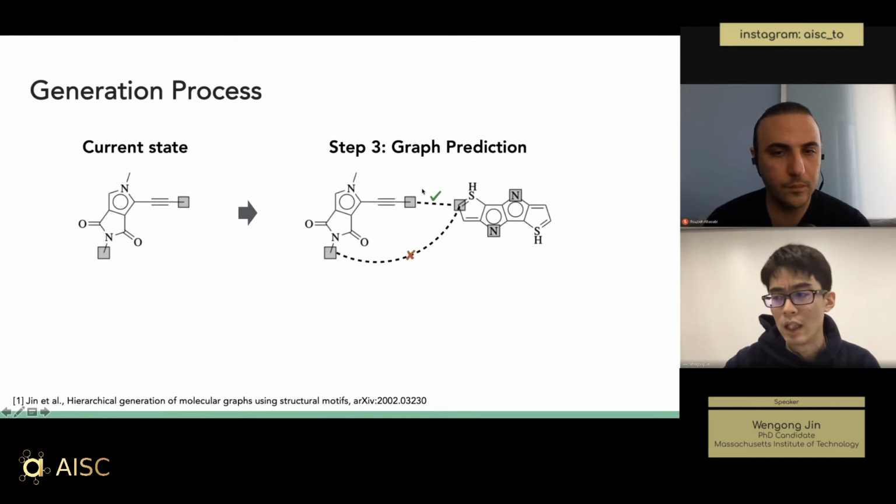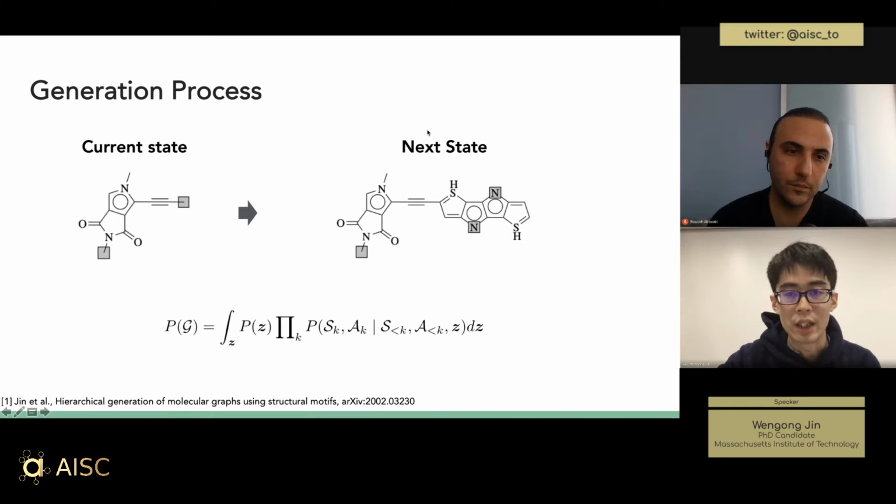And once you predict the right attachment configuration, you can merge this new motif with the current graph, and this will transform the current state into this new state. This formula at the high level describes our autoregressive process.